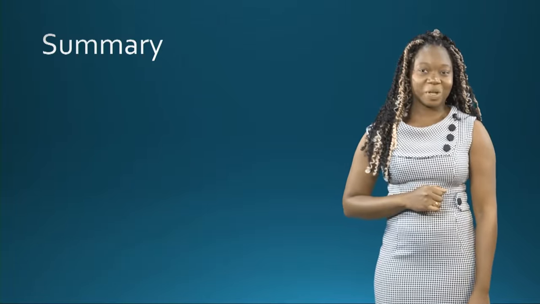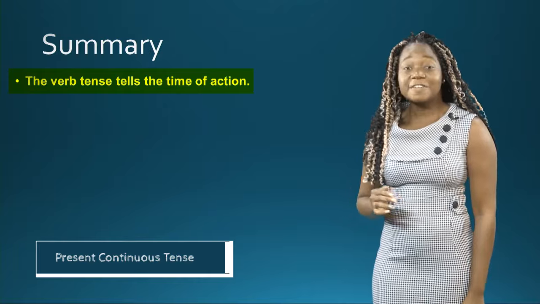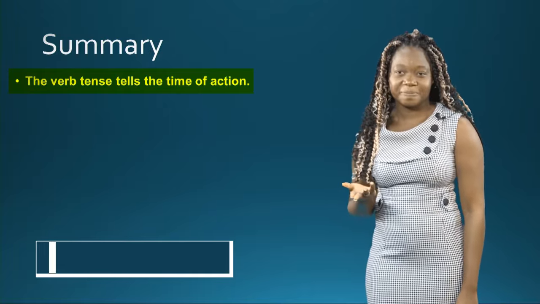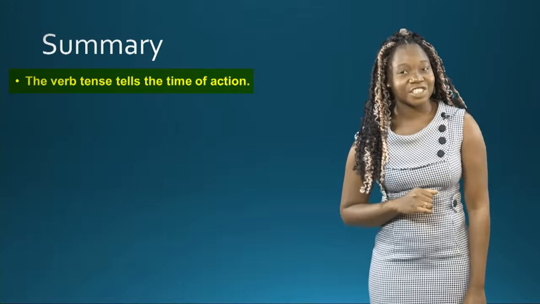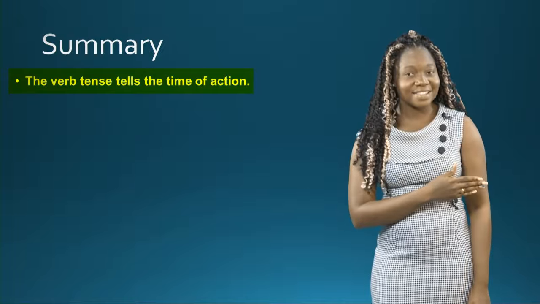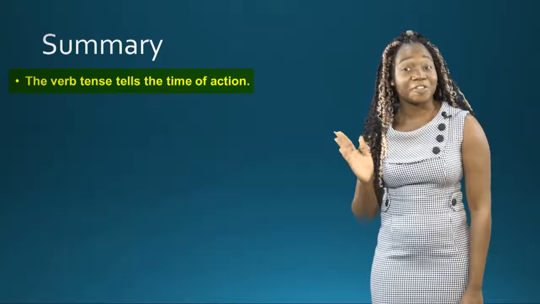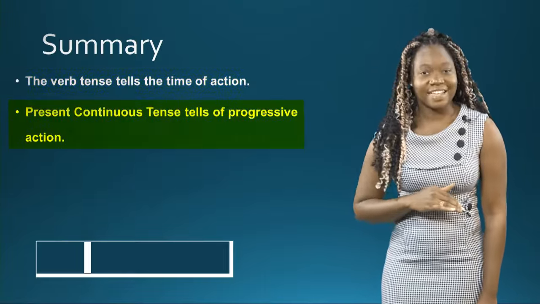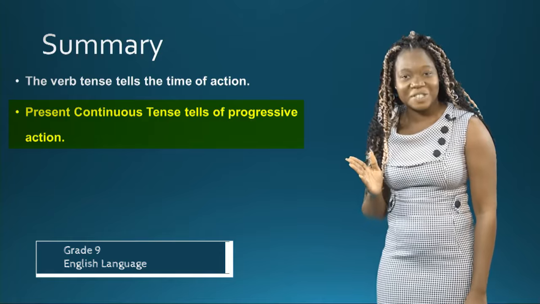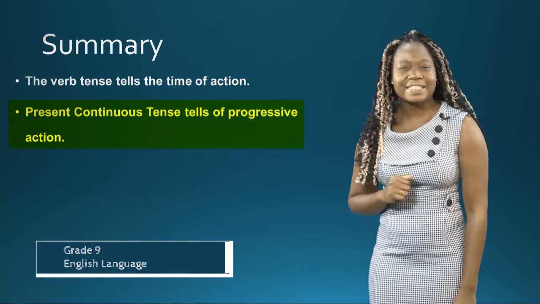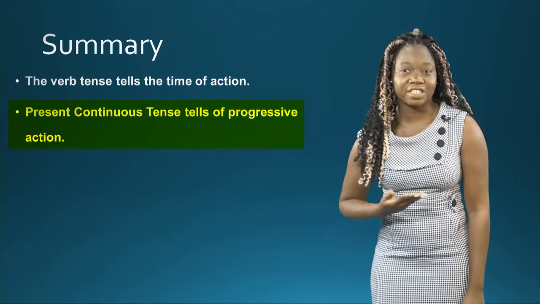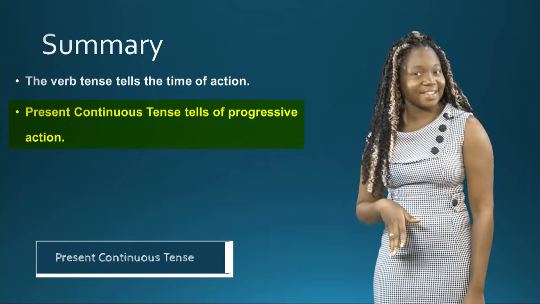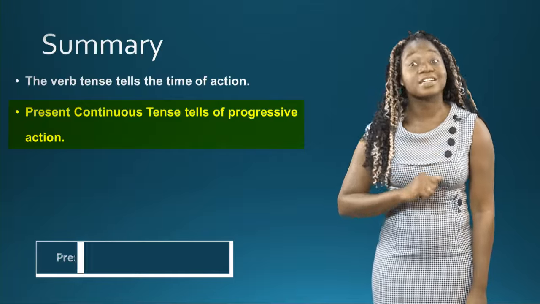Now let's summarize what we learned today. The verb tense tells the time of action. And we said the action can be in past, present, or future. Thereafter, we went right into the present continuous tense. And we said that tells us of action in progress, action being done presently, and that is still continuing.